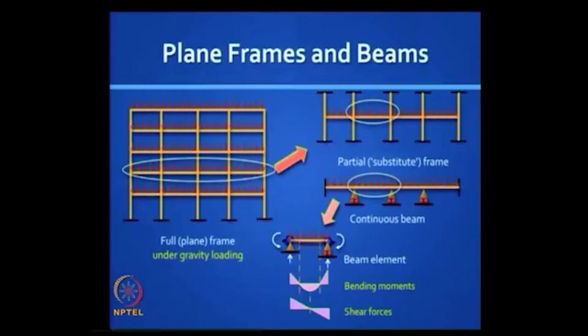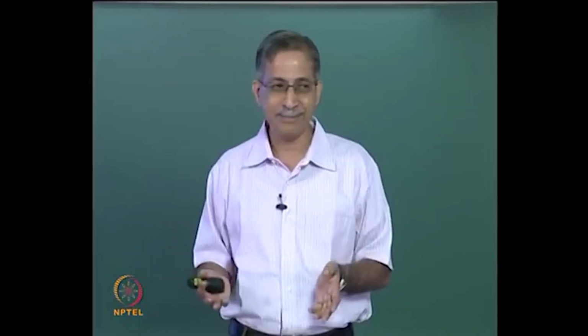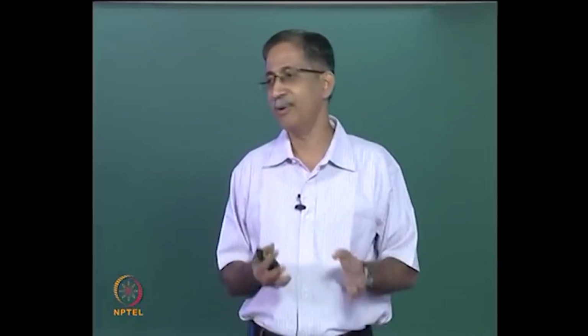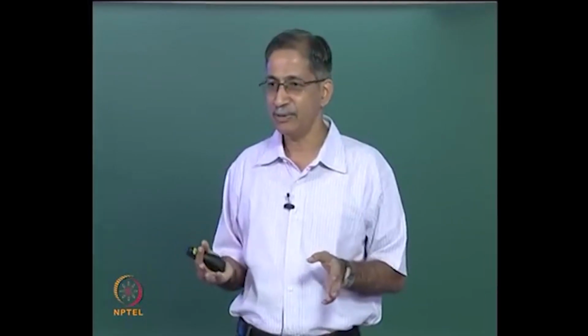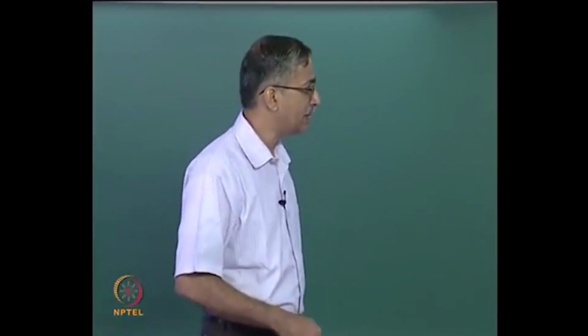For example, if the total load is W and the span is L, it is a general rule of thumb that the bending moments due to gravity load will be in the order of plus or minus WL/10, and if you design for it, it is good enough, but of course it is not exactly so, and you can do it more accurately.